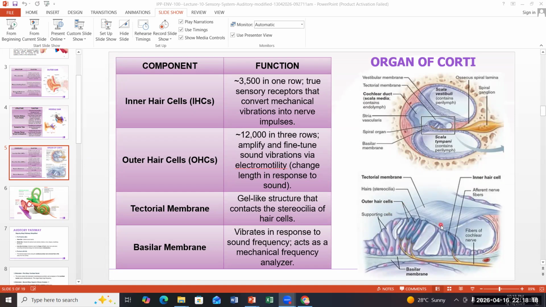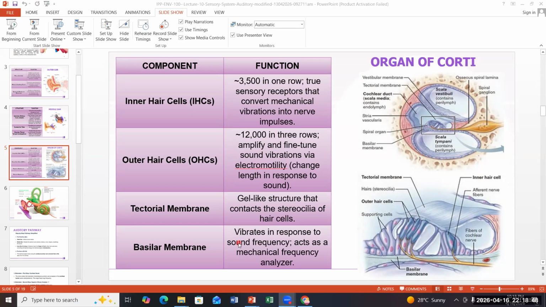The inner hair cells are actually responsible for converting the mechanical waves into electrical impulses. Now the outer hair cells, there are 12,000 in a row, and they amplify and fine tune the vibration. Maybe you have heard of a disorder where senior citizens are unable to hear faint sounds.